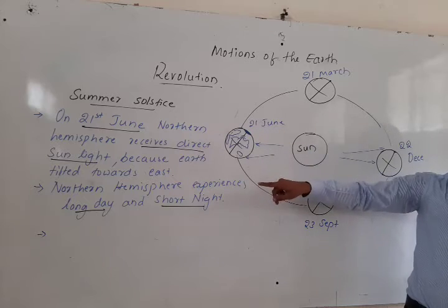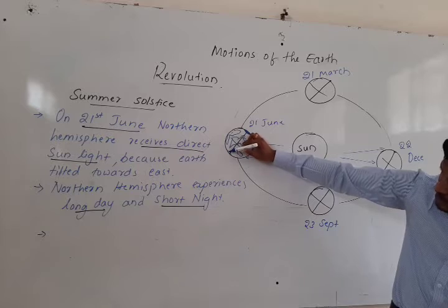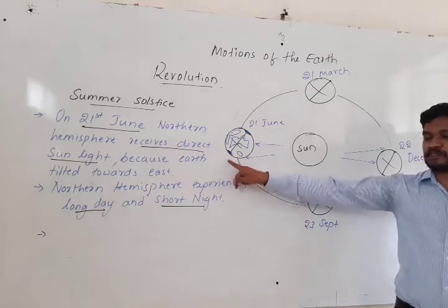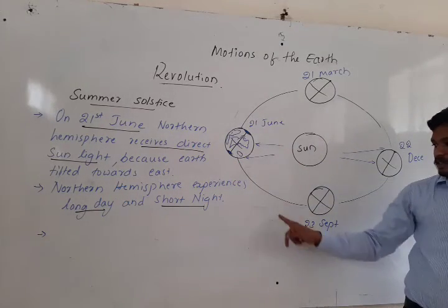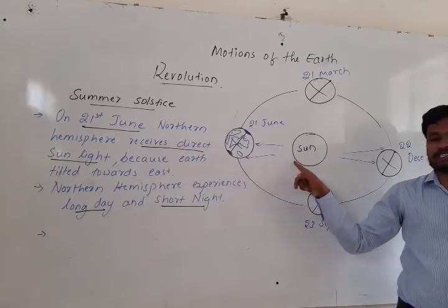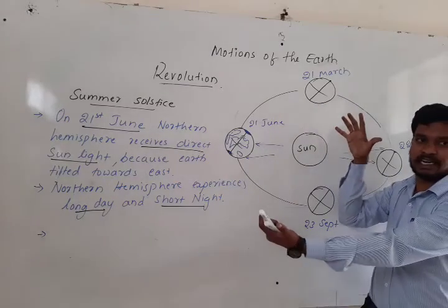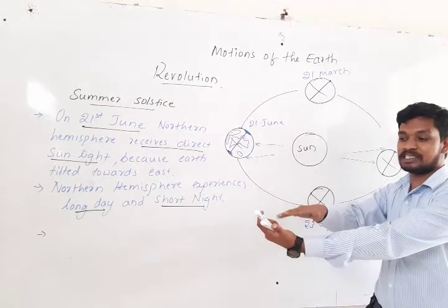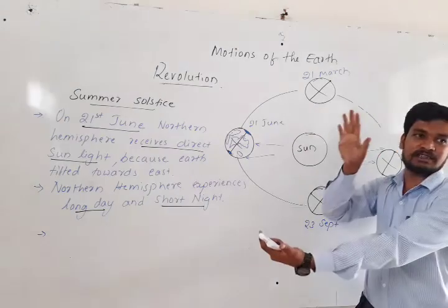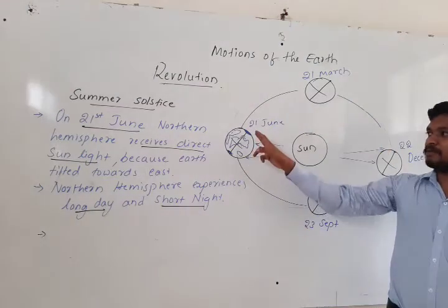At the same time, in the southern pole, it will be completely night for 6 months, because the south pole will not be facing towards the sun, as it's tilted. If the northern pole is tilted like this and my face is the sun, I cannot see the dark side, but I can always see the northern pole. So it's always under light, a day for 6 months.